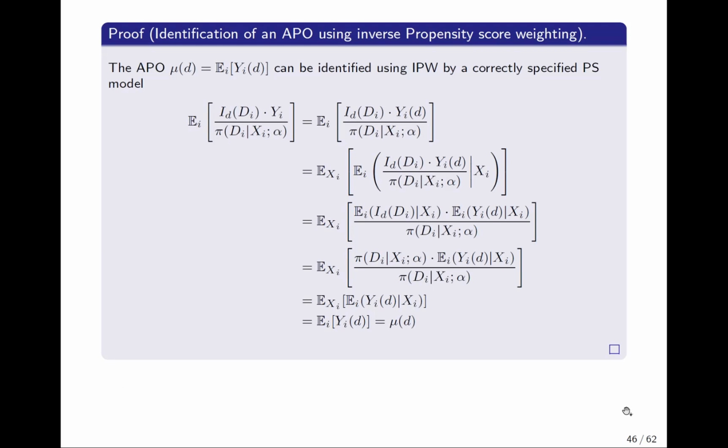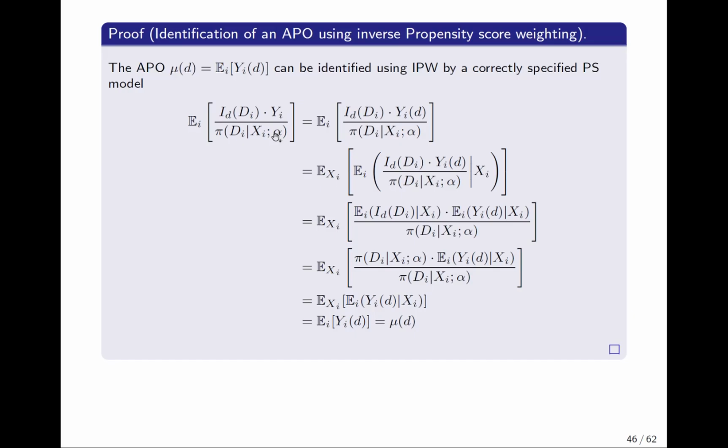Let's just have a look at how weighting achieves identification of an average potential outcome, and it's shown in this slide here. So here we have an average of PS weighted outcomes. These are outcomes observed in the real data this time, so we're starting the reverse way.